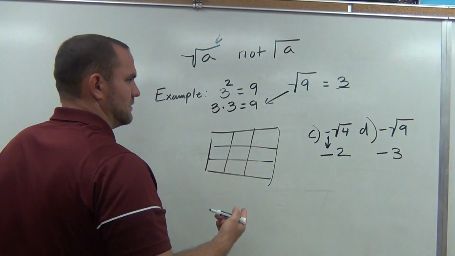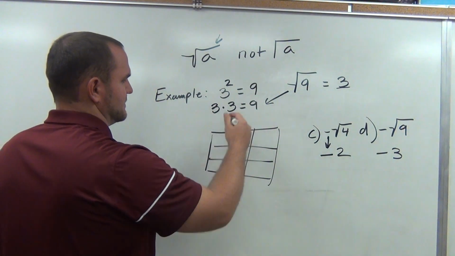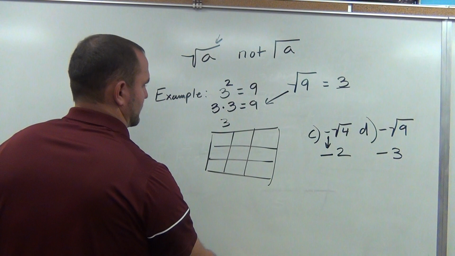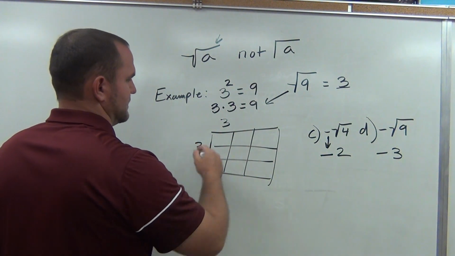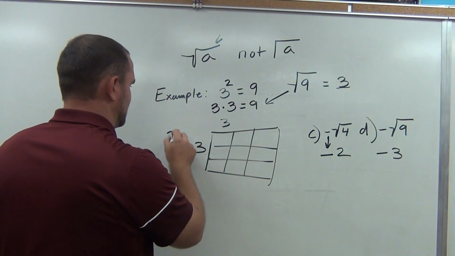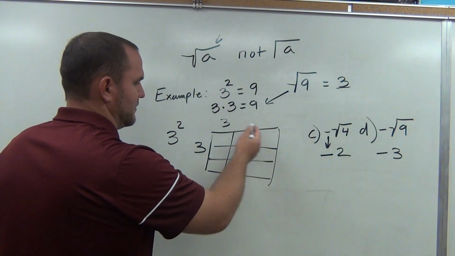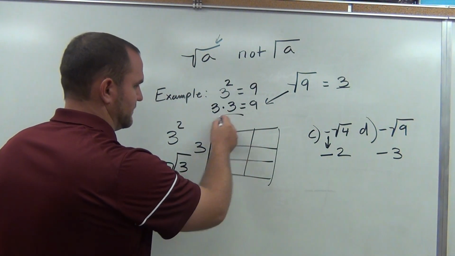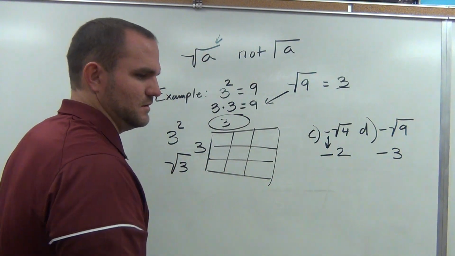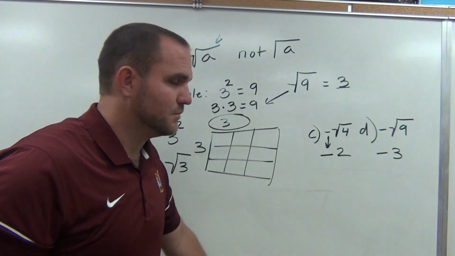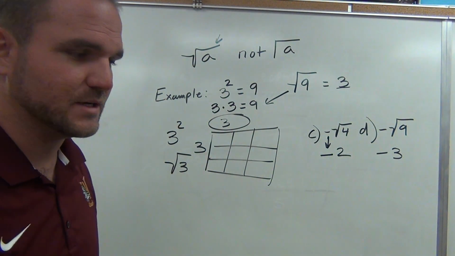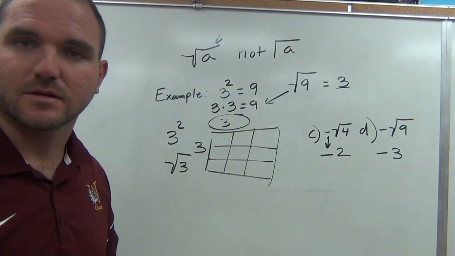You're trying to figure out a box, and this is your area. So 3 squares this way, 3 squares this way, so it's 3 times 3 is just a simple way to do this. And now you're trying to figure out the area, so that's square root of 3, and you're just trying to figure out this number. So in geometry, this is going to be a big thing, squared. Squared is not going to go away, so make sure that you're paying attention and you're really getting this down.